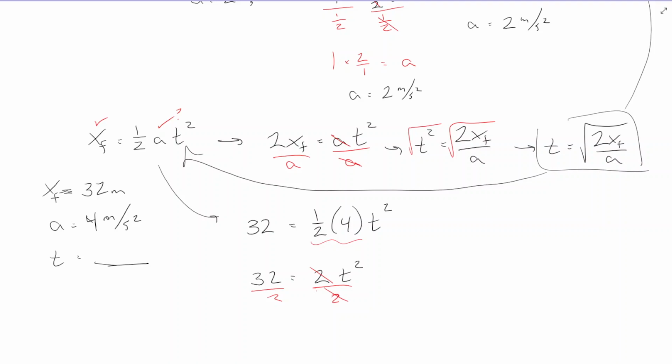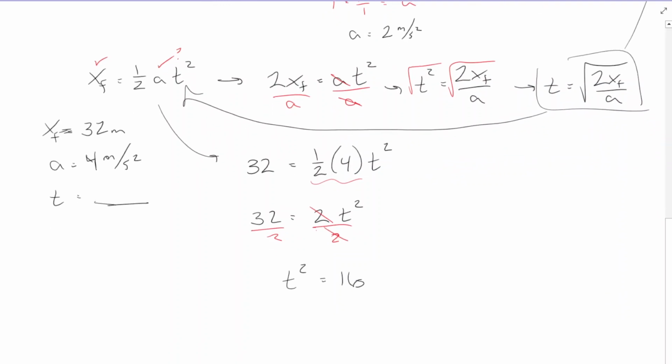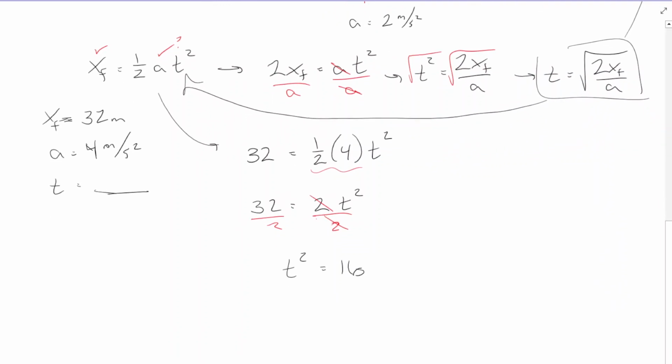We now have a new equation that says t squared is equal to 16. And if I want to solve for something squared, I take the square root, and here's a little catch: when you take the square root of a number, you actually get a positive and a negative value of 4.